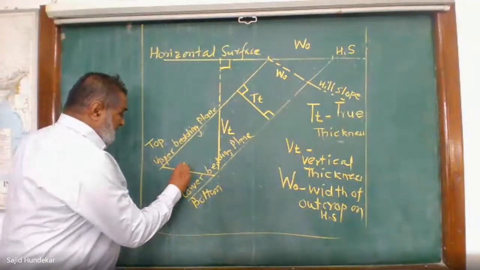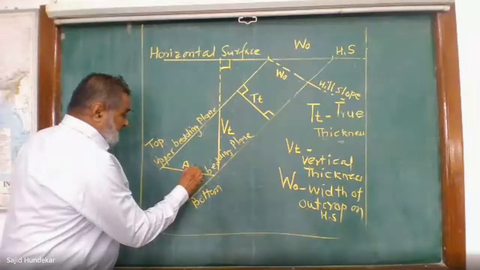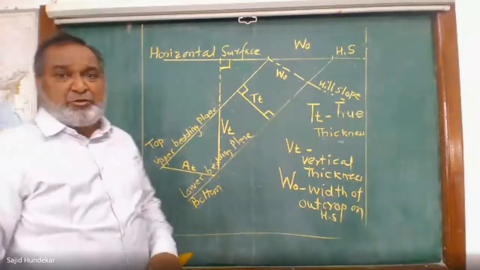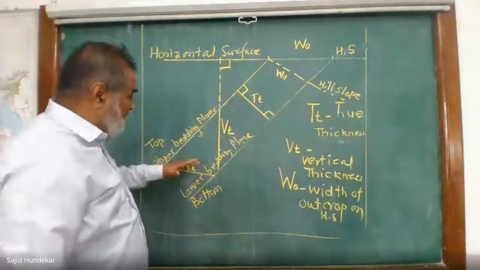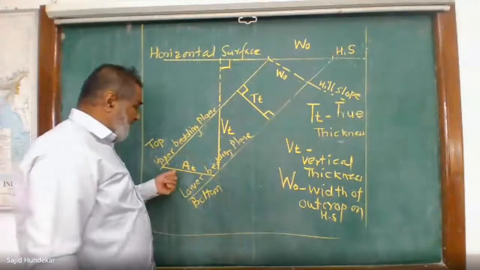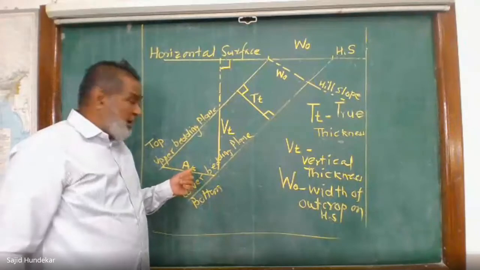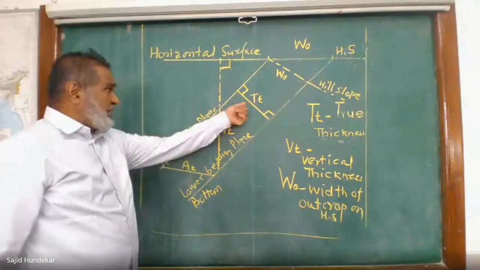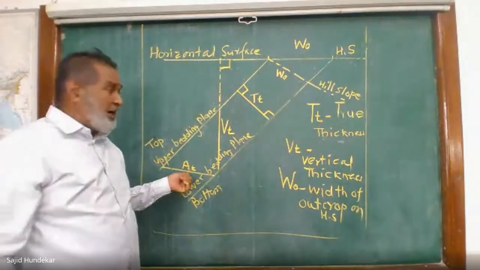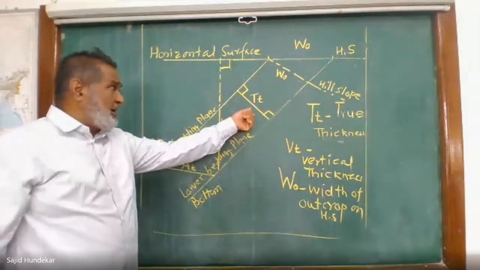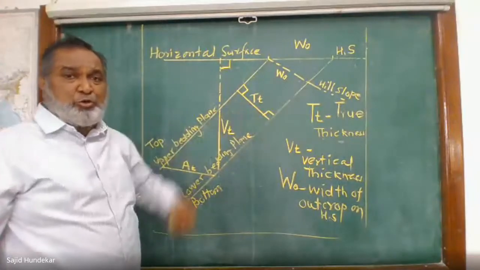Then this is called the apparent thickness. Thickness not measured perpendicular to both bedding planes, but in any other direction, is called apparent thickness. And now what is the relation? True thickness is the shortest distance, and apparent thickness is always greater than the true thickness.